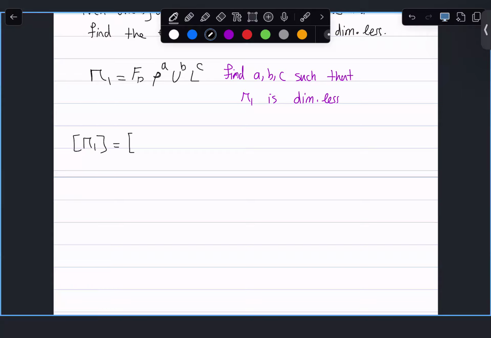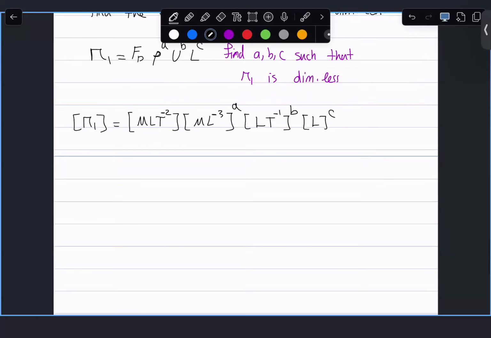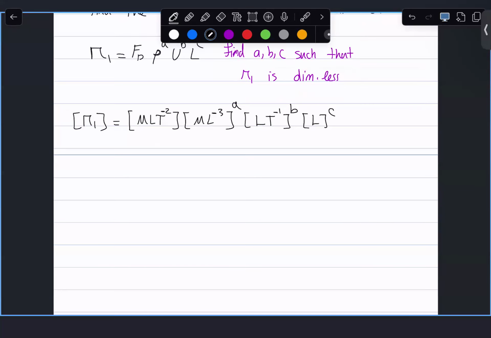Now you go back to step 2 and read the dimensions. This is why you need to write it down. Can someone tell me? Thank you. Now rho. Someone else maybe? Rho, to the -3. Don't forget there's an A exponent. U is L T^-1 with a B exponent, and L with a C exponent. Now you just write down, does this make sense? Any questions so far?